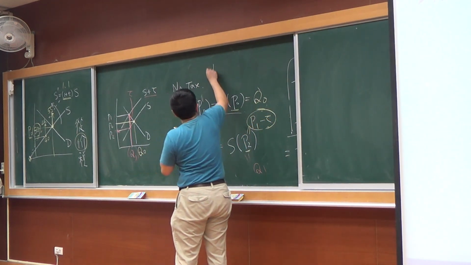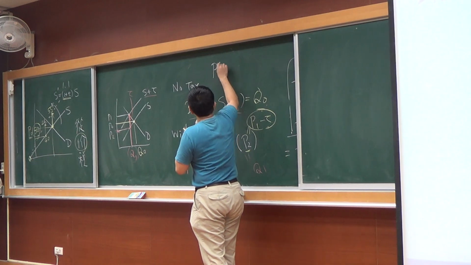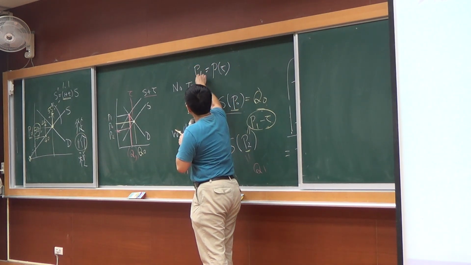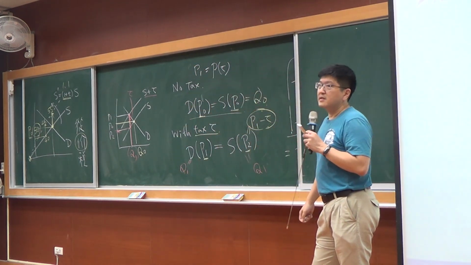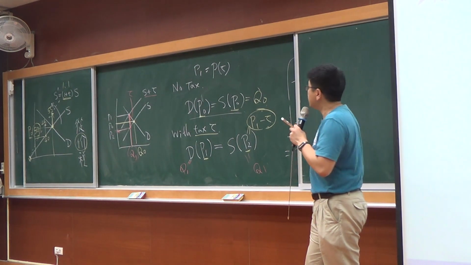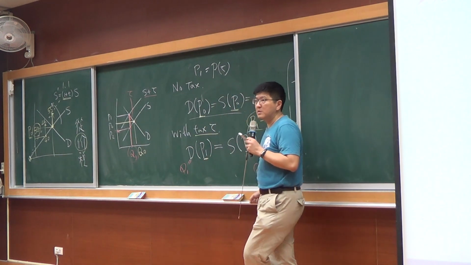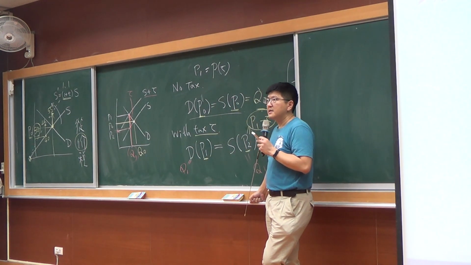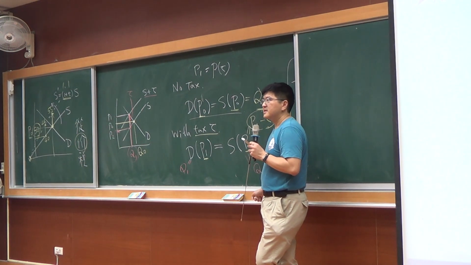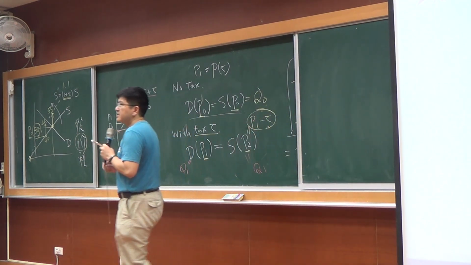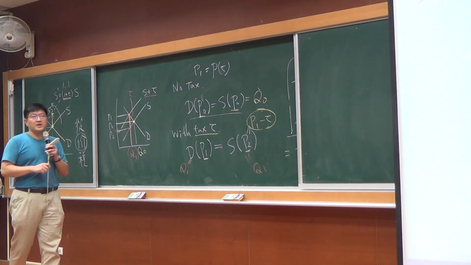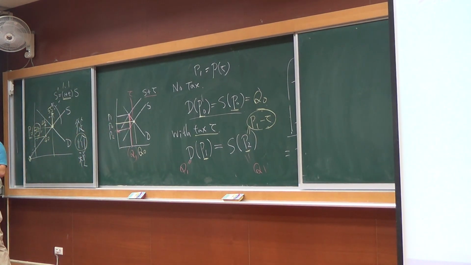Why is the price paid by the consumer a function of tau? Do you think it makes sense? P1 is a function of tau. What do you think? Make sense or not?